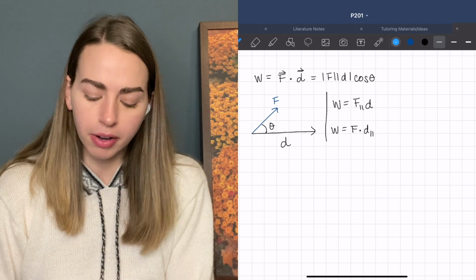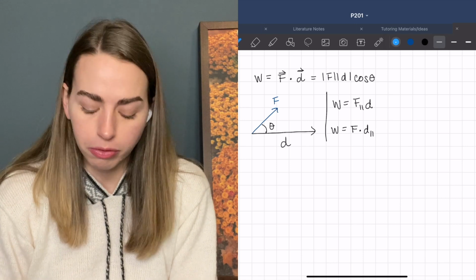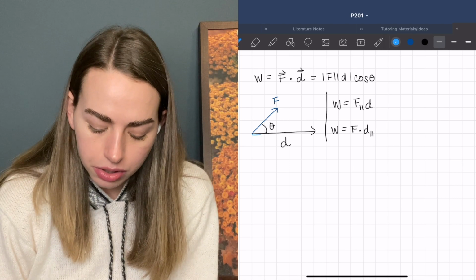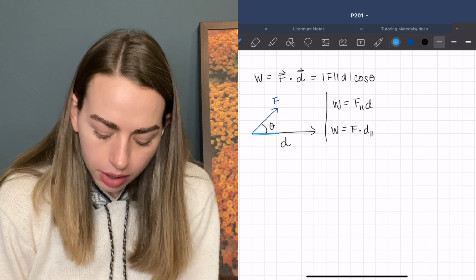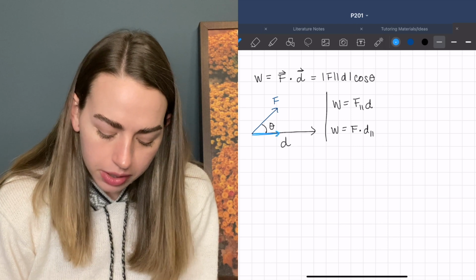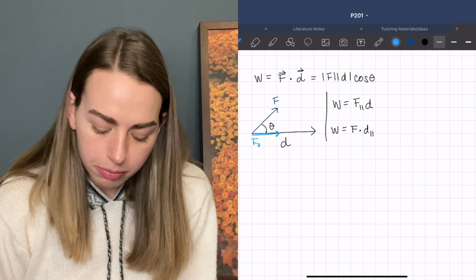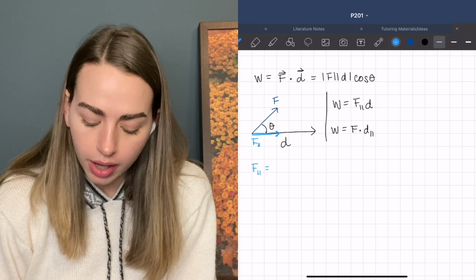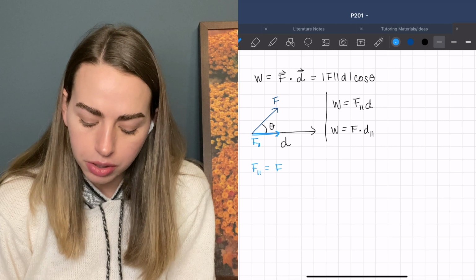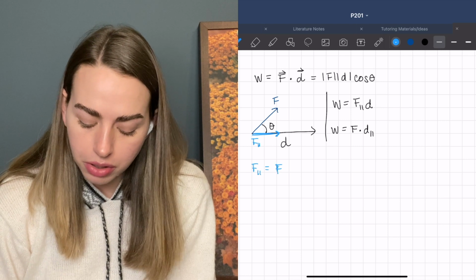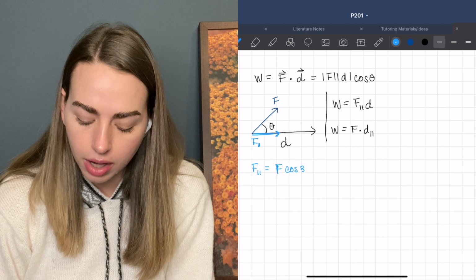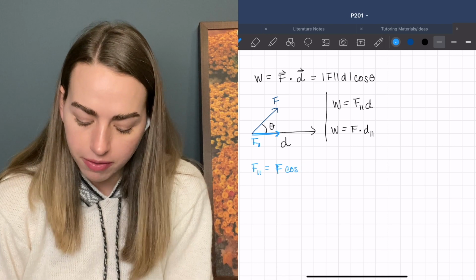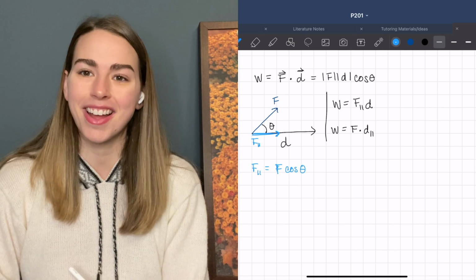And if you are to write out in this situation what our force parallel actually is, it would be this component down here is our F parallel, and if we use SOHCAHTOA, that's the adjacent side, so it's going to be equal to the hypotenuse, or the magnitude of F, times cosine theta.